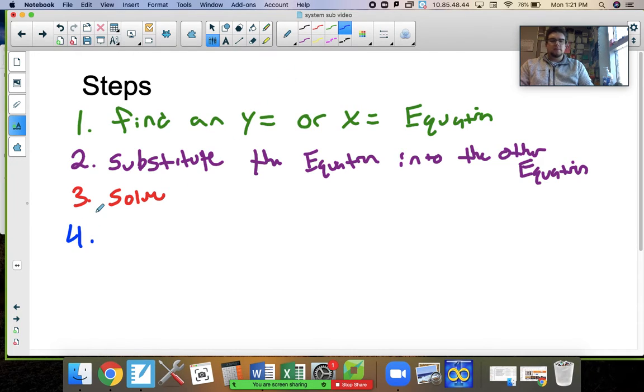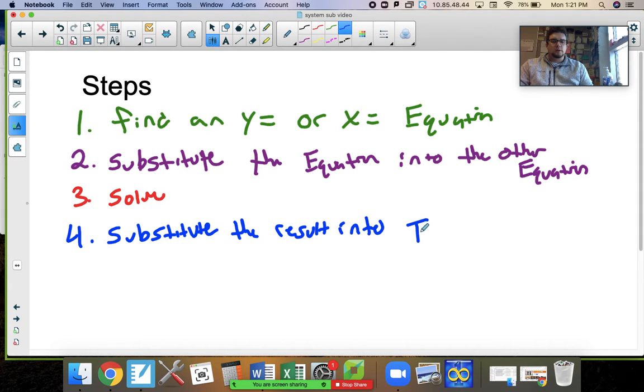Step number four, we've solved it, we've gotten an answer. We're going to substitute the result into the first equation.